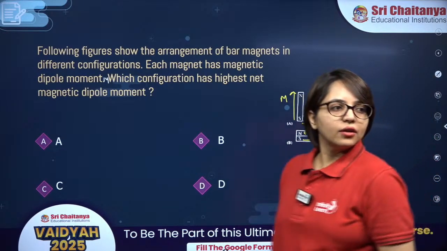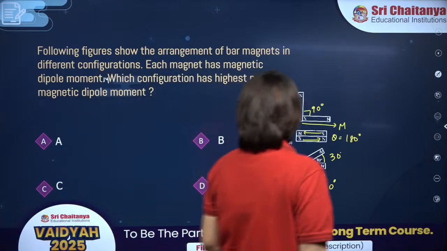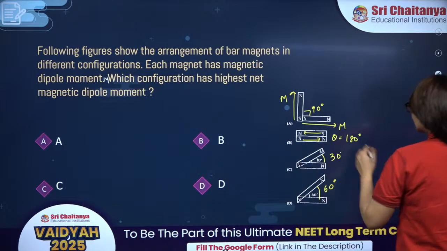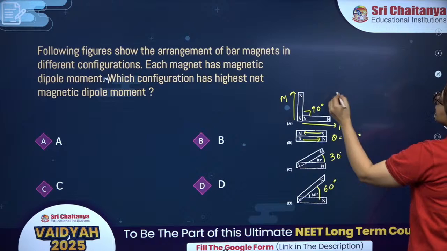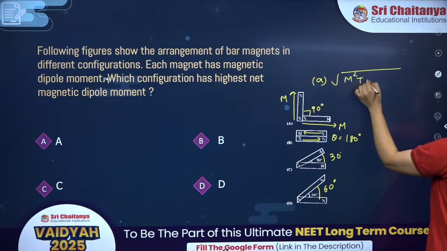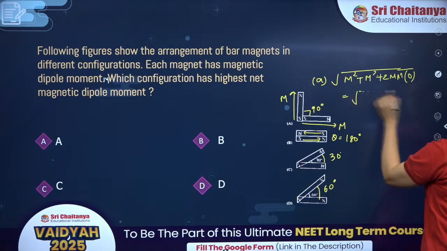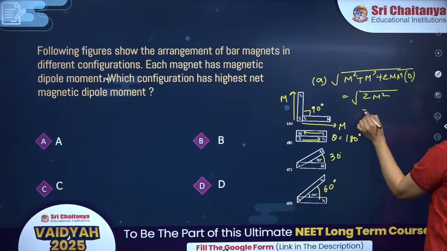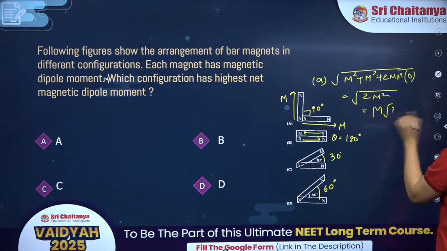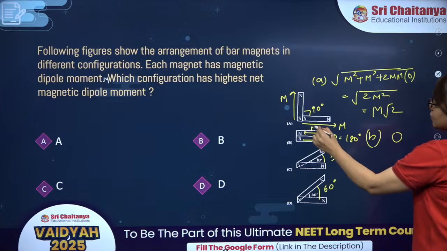Okay, chaliye. Option B, well done. So for the first, the summation will be the square root of m1 squared plus m2 squared plus 2 m1 m2 cos 90 degrees, which is 0, so it is the square root of 2m squared, which is m root 2. For B, it is straight away 0, because both are equal and opposite.